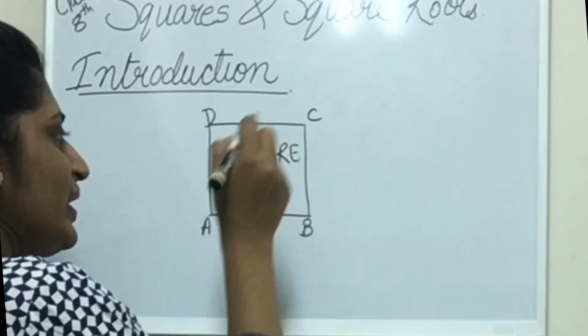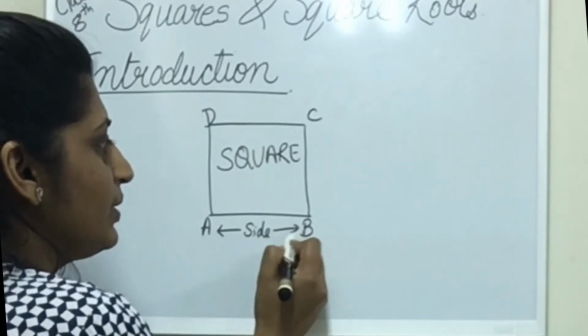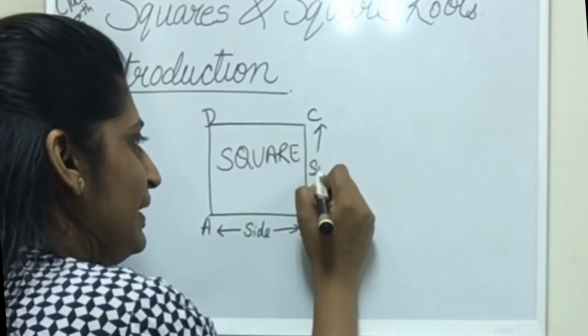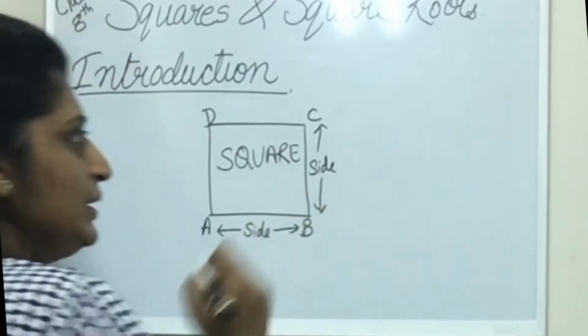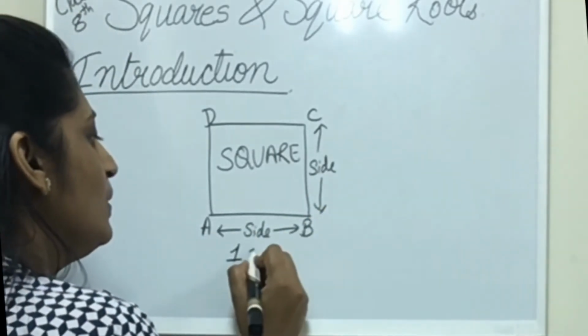A square is a quadrilateral in which all its sides are equal, isn't it? So, let me consider this is a square whose side is 1 unit.